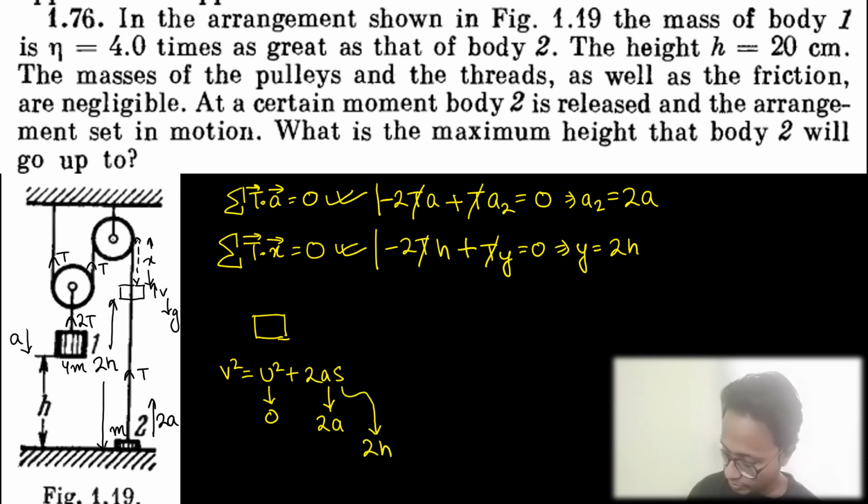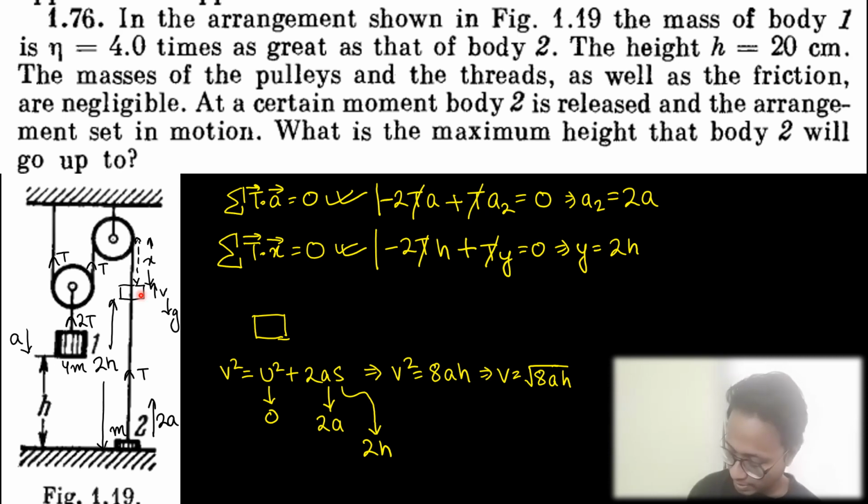So out here v square is equal to 8ah. So velocity would be equal to under root of 8ah. So out here, the velocity after reaching this point, when the tension becomes loose, is equal to under root of 8ah.